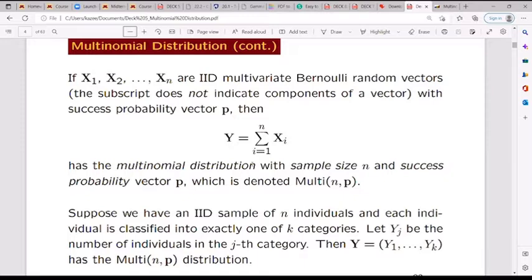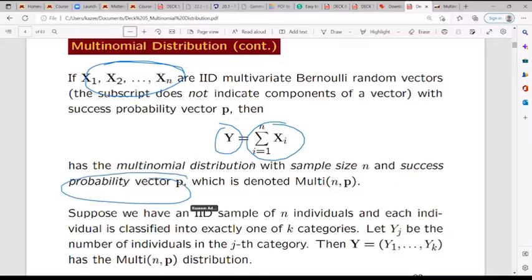If x1, x2, up to xn are IID multivariate Bernoulli random vectors, and I want to add all of these together, x1 to xn, then of course the resulting distribution is going to be a multinomial. The multinomial with a sample size of n, with a success probability vector. Don't forget, that is not just p, that's p1, p2, up to pk, depending on the number of categories. I want you to take note of that.